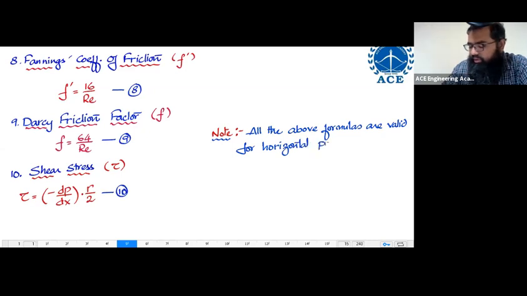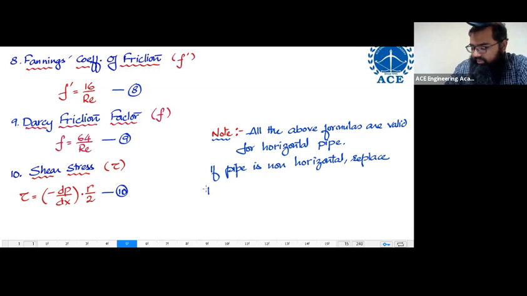If the pipe is not horizontal, replace pressure by piezometric pressure.